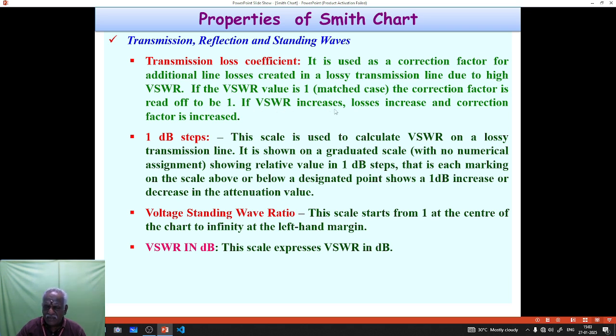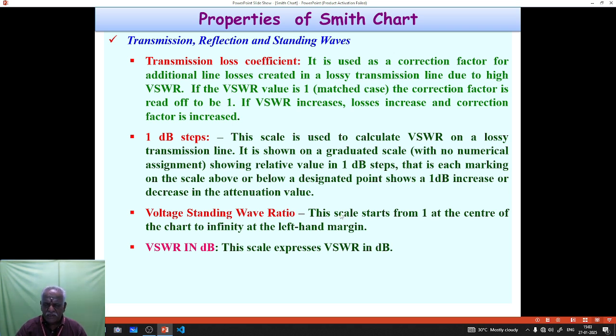If the VSWR value increases, losses increase and the correction factor is also increased. This is for the case of a lossy line. The 1 dB step scale is useful to calculate VSWR, again for the lossy line only.